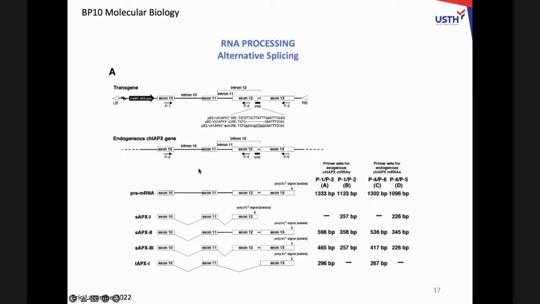So what would be the conceptual model that could explain that you can produce two different proteins in two different places coming from one single gene? Okay, we'll see. We're going to see the next slide, and we're going to talk about that.